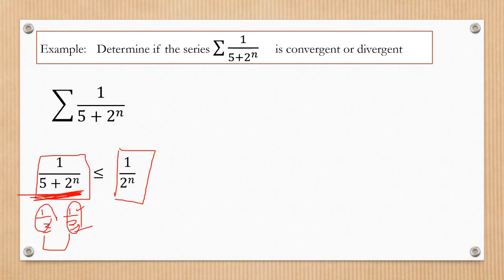That is why here, since in this fraction there is an additional 5 in the denominator, but here there is none, that is why 1 over 5 plus 2 raised to n is less than 1 over 2 raised to n.